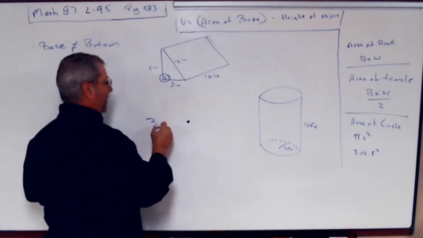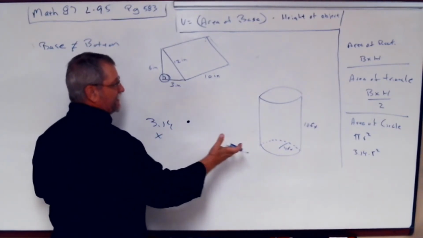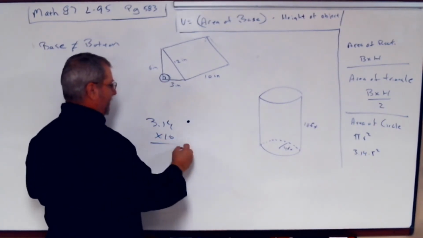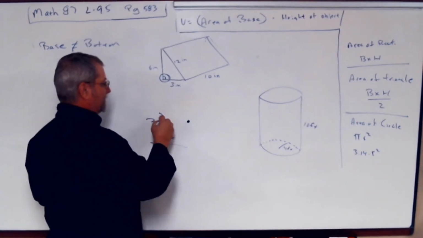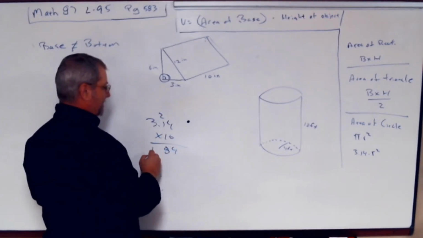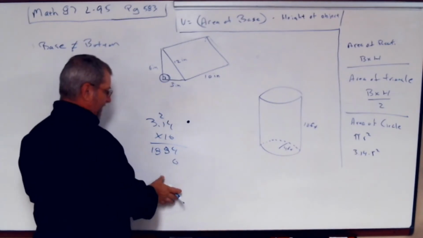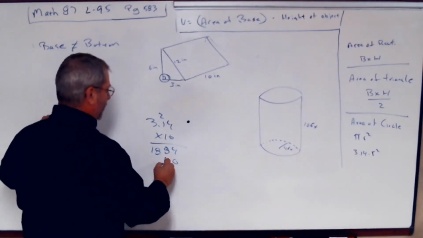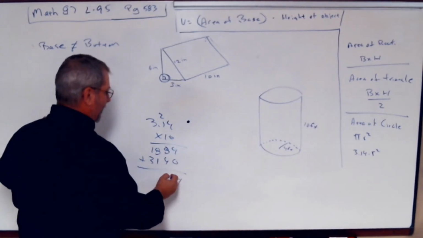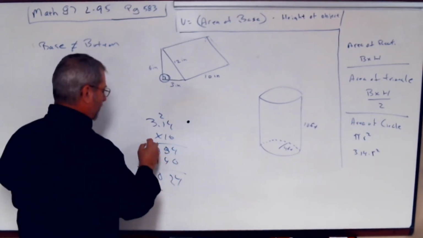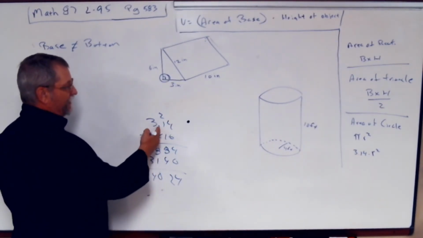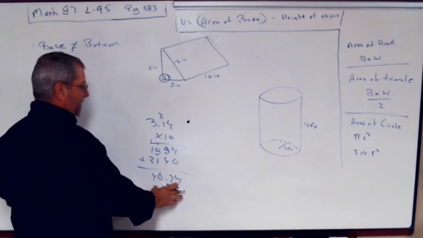So you got 3.14 times 4 squared. 4 times 4 is 16. 6 times 4 is 24. 6 times 3 is 18. My place value 0. Add. There's 4. There's 2. Carry the 1, 0. Carry the 1, 4. And how many decimal places do I have? 2. So this is 40.24.